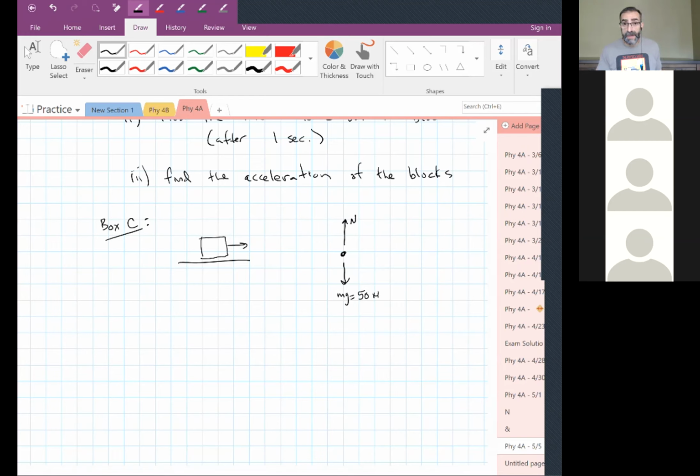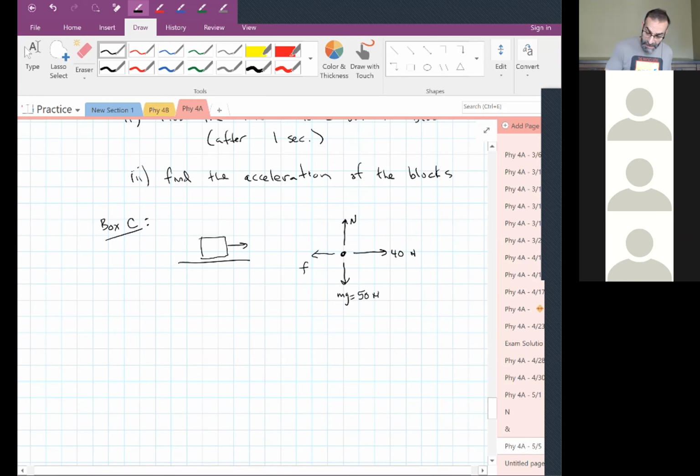Okay, they're telling us the weight of the box is 50 Newtons. That's nice. We're pulling with a force of 40 Newtons. And something is going to pull back on us. We don't know if it's static or kinetic, but something is going to pull back on us. Friction.